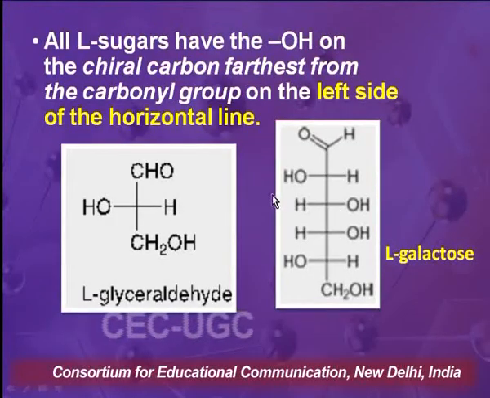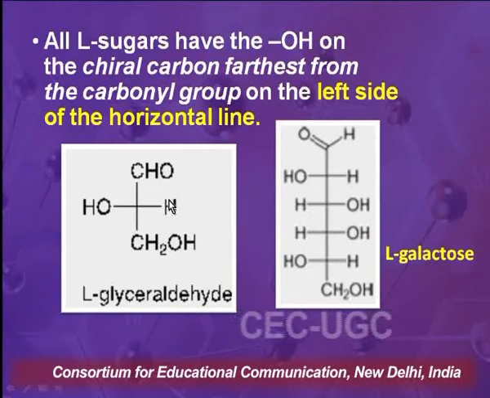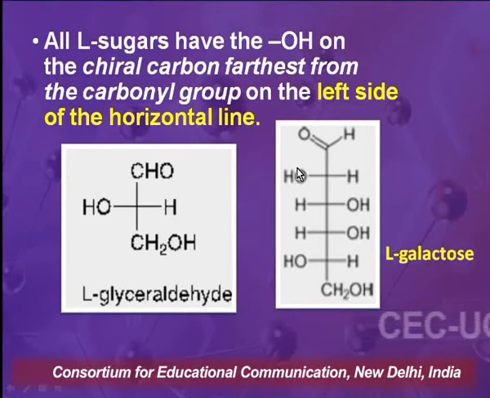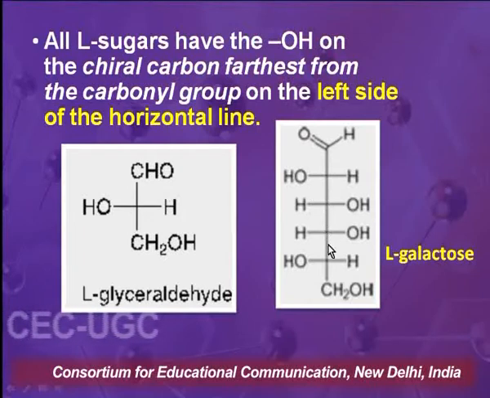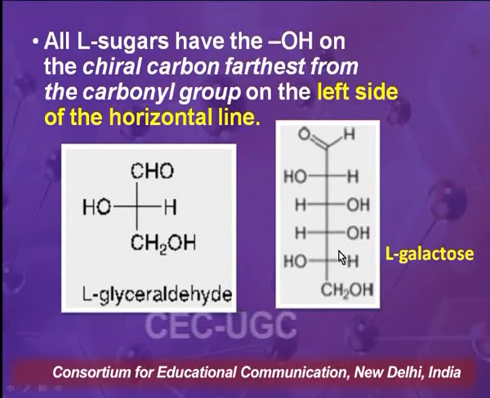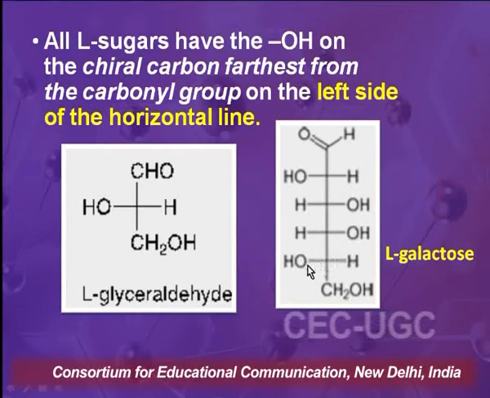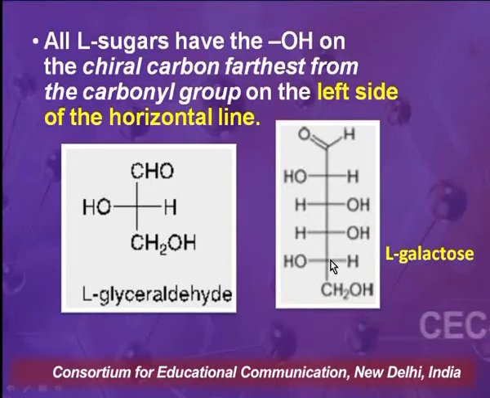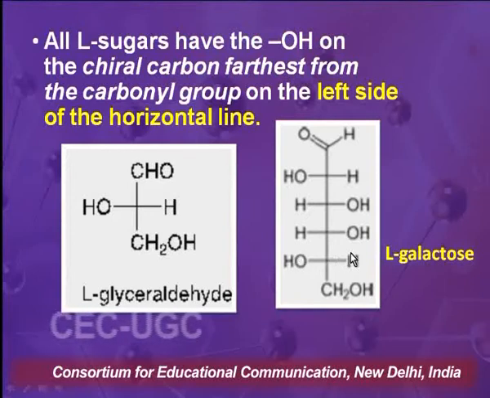Whereas if we compare another structure, that of galactose, another enantiomer, what we find is that in this case the OH group on the highest numbered asymmetric carbon is on the left hand side on the horizontal line.